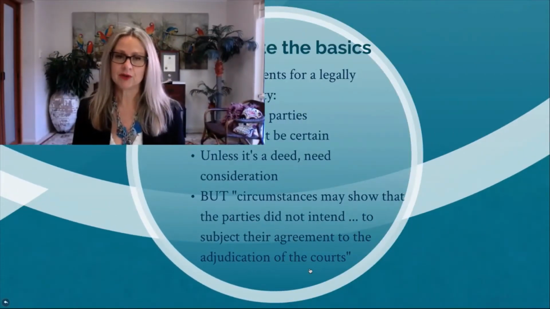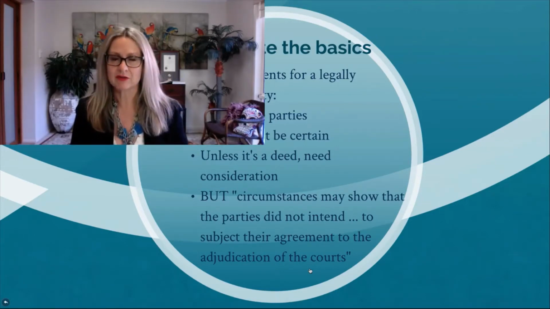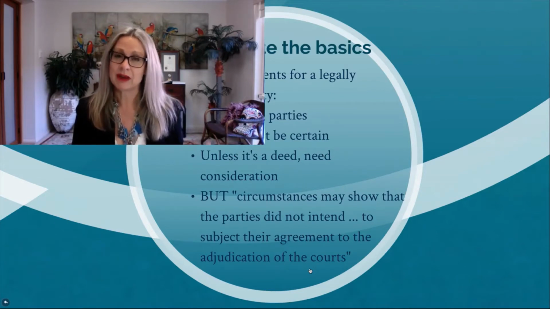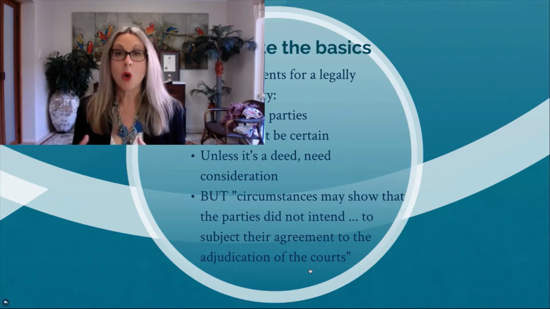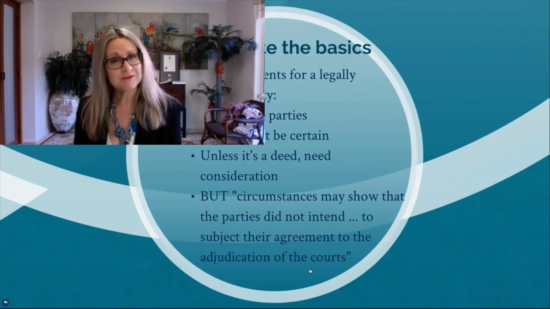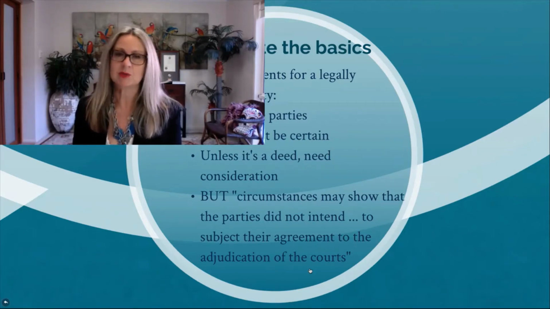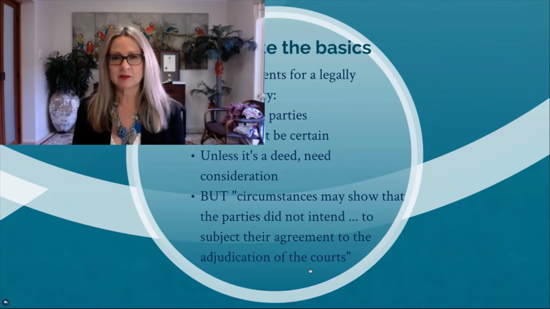So in your reading for this week, you would have had a look at the difference between simple contracts that require consideration in order to make them legally enforceable, or if there's going to be some kind of lack of consideration, then you need to fix that up by the form that you place your contract in, and it has to be couched in terms of a deed rather than a simple contract.